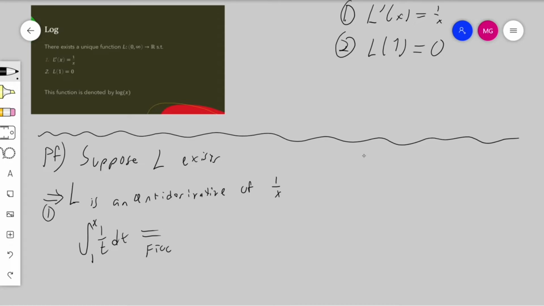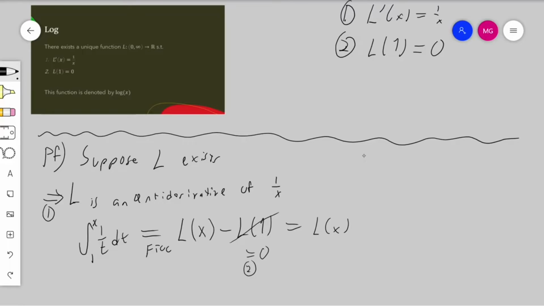The antiderivative we're going to choose is L. So it's L evaluated at the upper bound, which is x, minus L evaluated at the lower bound, which is 1. Then, using the fact that L of 1 equals 0, this just simplifies to L of x. This part vanishes, by property 2 above.